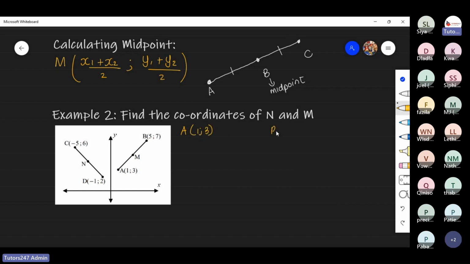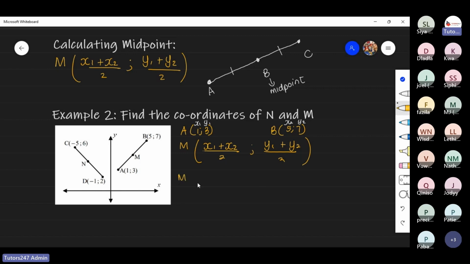The coordinates of B are given as 5 and 7. So I'm going to make A my x1 and y1 values, and B my x2 and y2 values. From there, I can put in my formula. So x1 plus x2 all over 2, semicolon, y1 plus y2 all over 2, close the bracket.